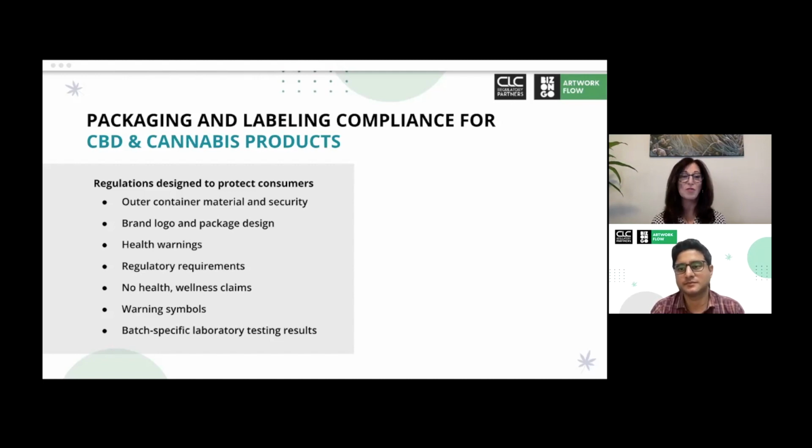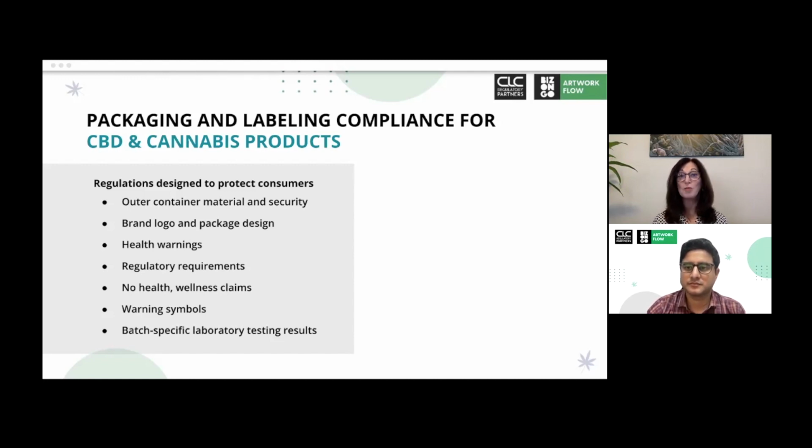So let's give an example. Let's say the outer container security. That will apply to various consumer products. With cannabis in particular, though, most states will require child resistance. And in fact, that law points to a federal law that defines child resistance.